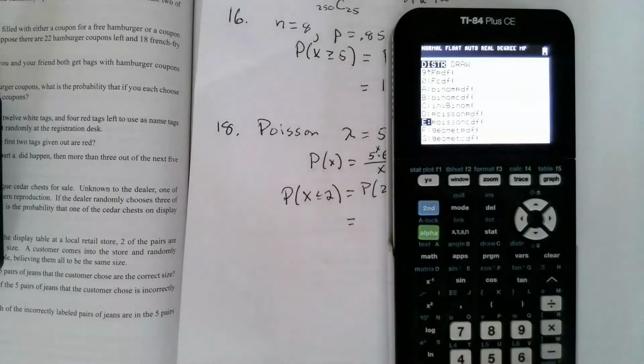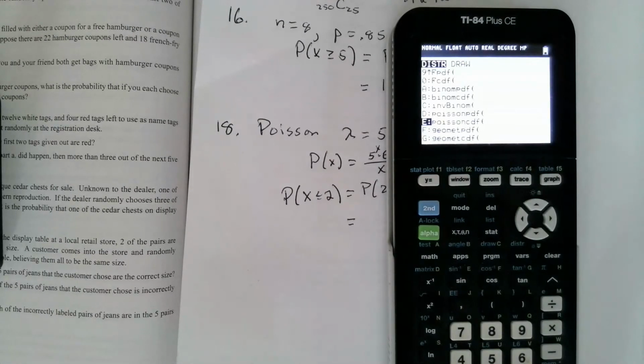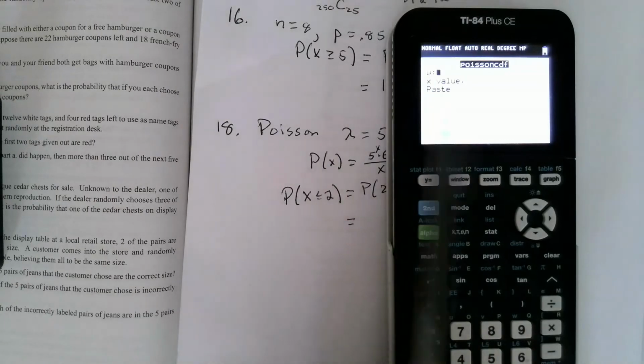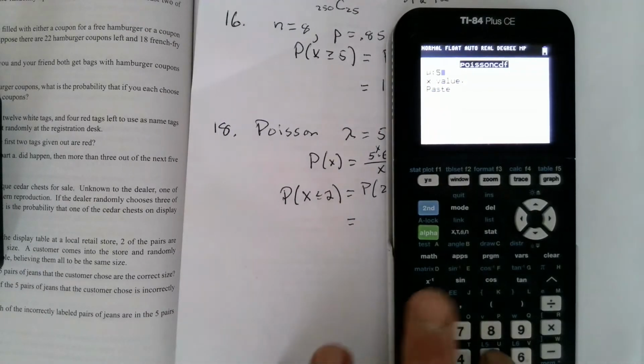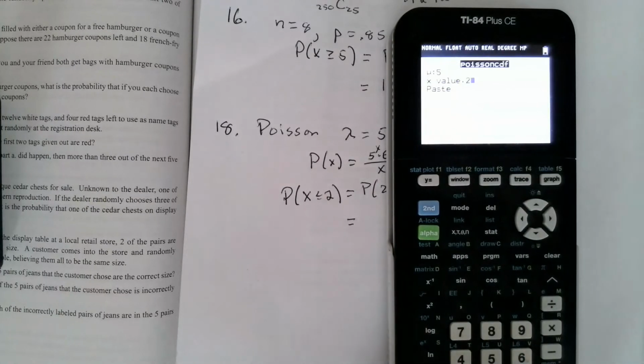Poisson CDF is in this list below the binomial PDF and CDF. So mu is the mean. The calculator uses mu. Our book uses lambda. That would be 5. X will be 2.